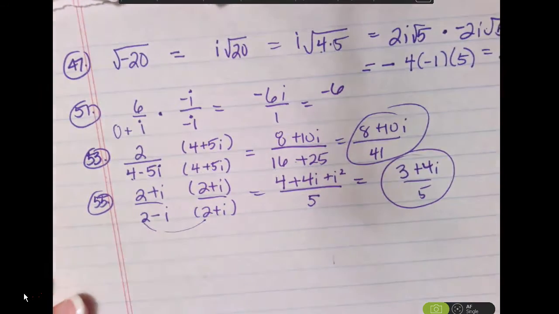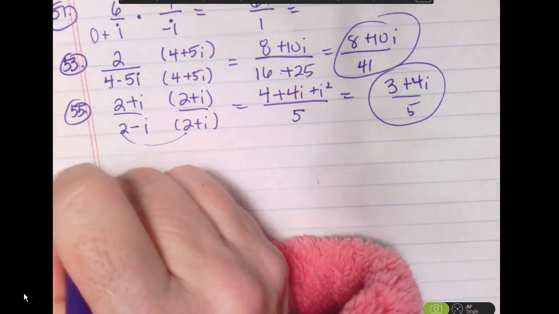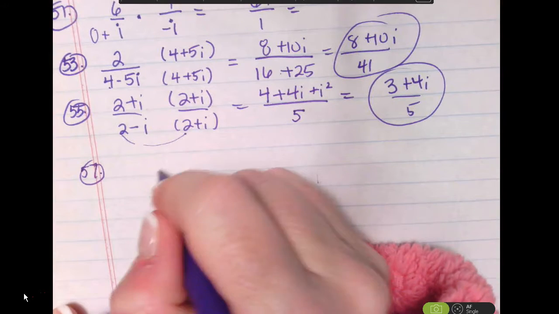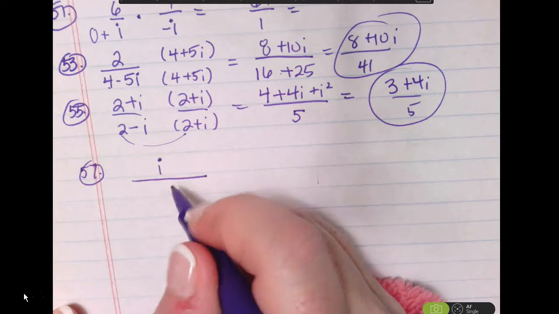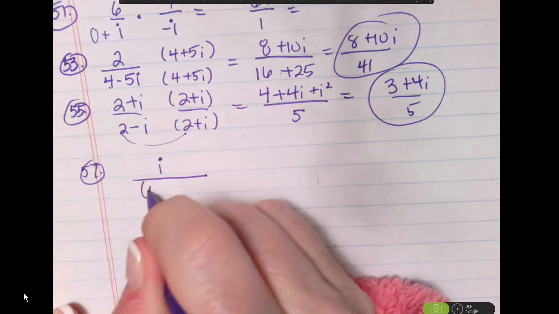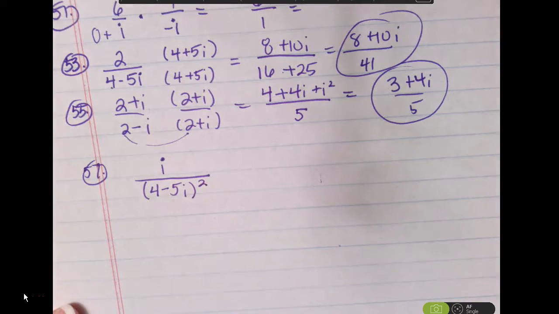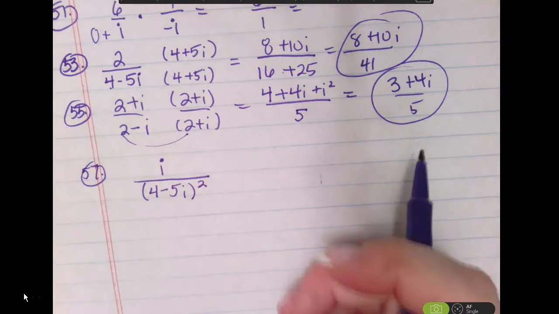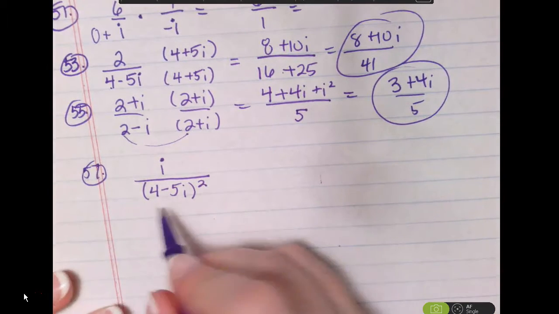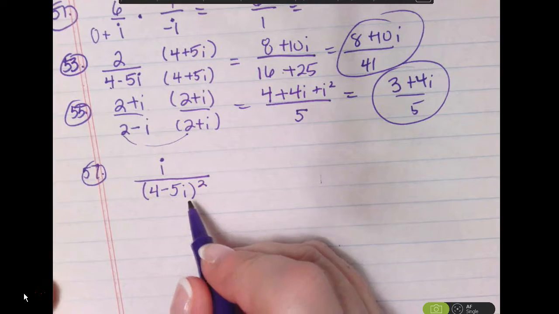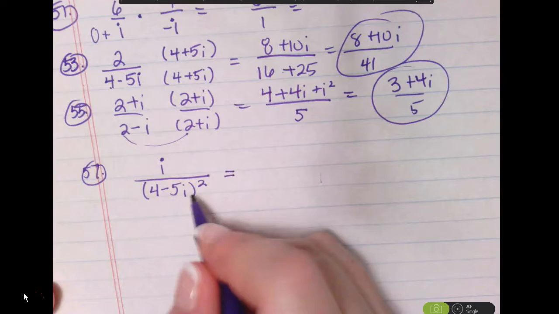Number 57. I've got i divided by 4 minus 5i squared. And let me think how to handle that. I should probably expand this out first and then figure out what the conjugate is.